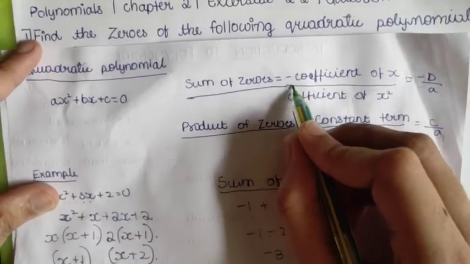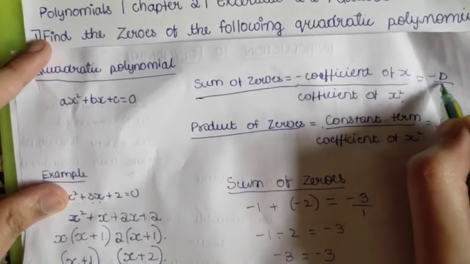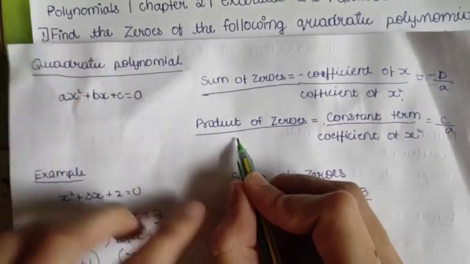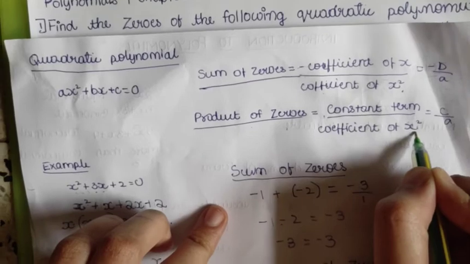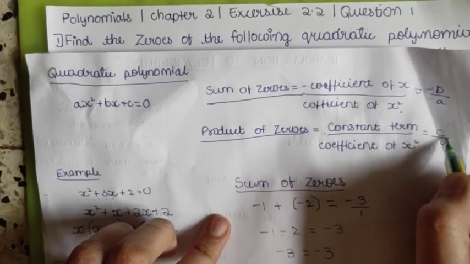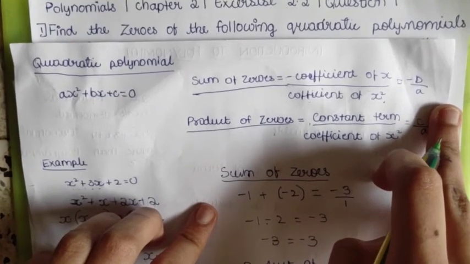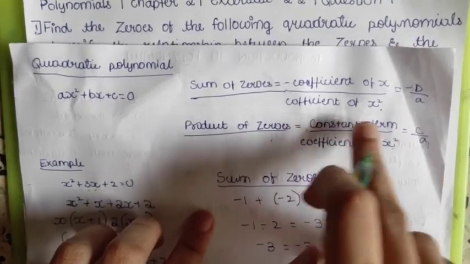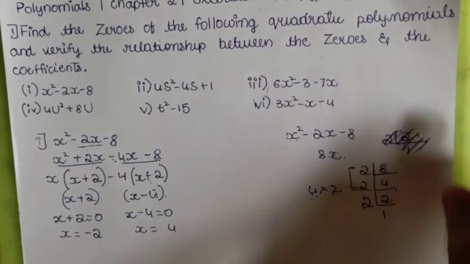The formula for the sum of zeros is minus coefficient of x by coefficient of x square, that is minus b by a. And the product of zeros is the constant term by coefficient of x square, that is c by a. This is the formula to find the relationship between the zeros and the coefficients. Now let's apply the formula.